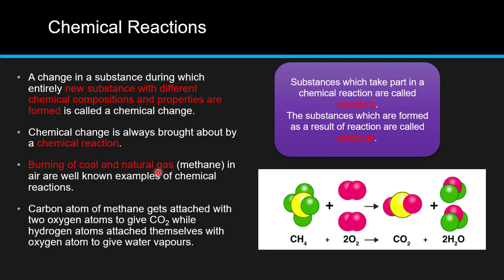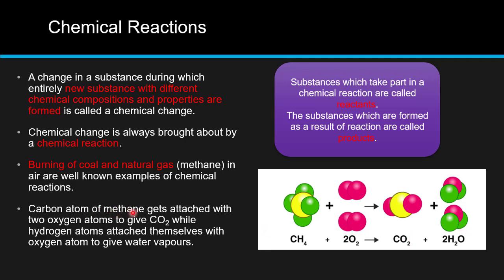Burning of coal and natural gas are all common examples of chemical reactions which take place in our environment. Here you can see an example of a chemical reaction. This is methane gas and oxygen, which both combine together to form new products, carbon dioxide and water.